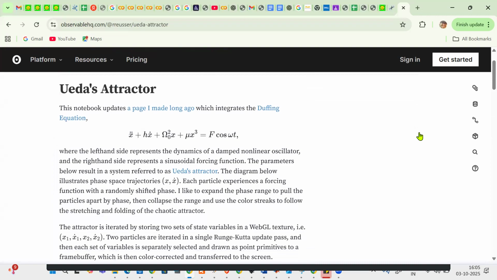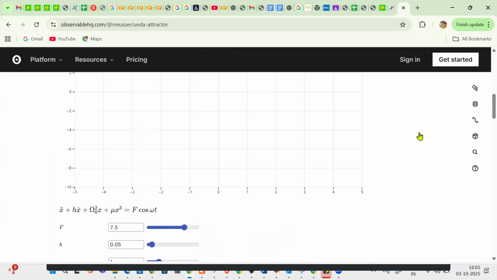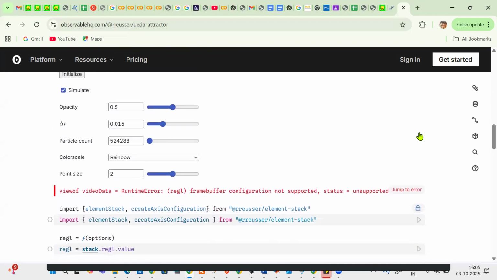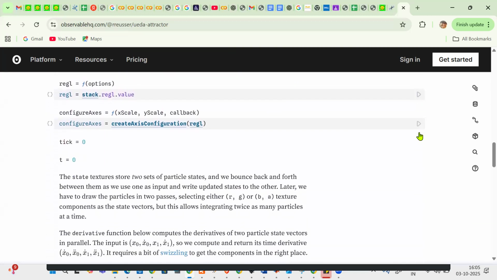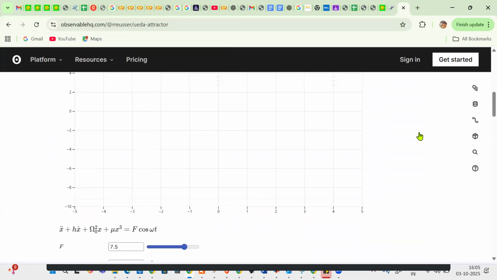So this is another flow attractor. I don't know why it is not working. Some errors are already there. Anyway, fine.